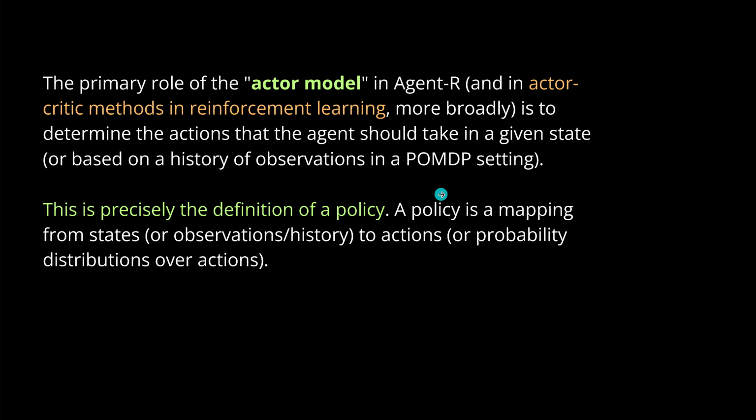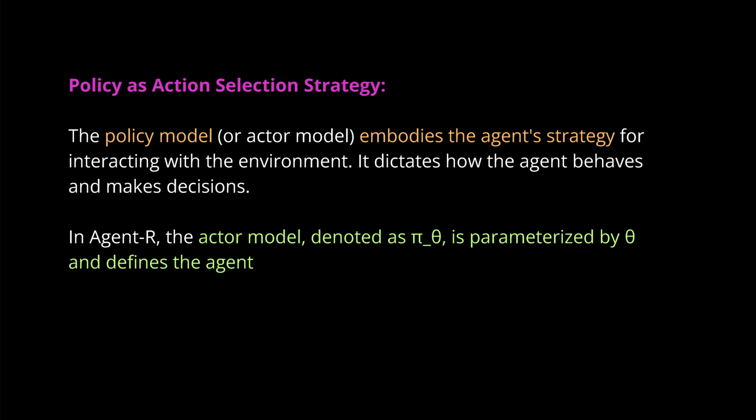Because a policy in AI is a mapping from the states, and this means from the observation or the history of the system, to the actions or the probability distribution over specified actions. So the actor model is really deeply related to the policy of the system.